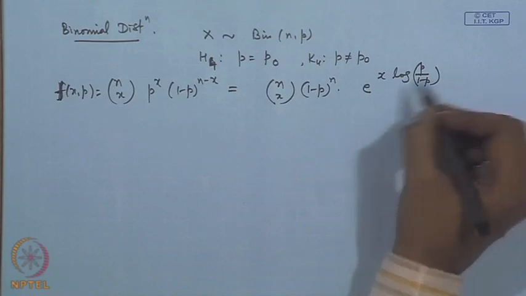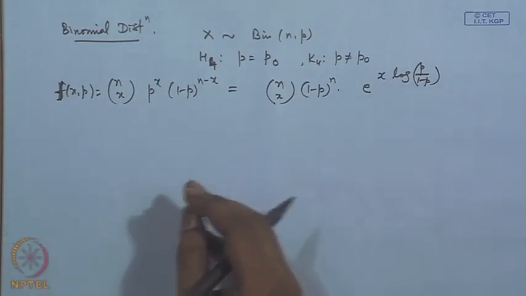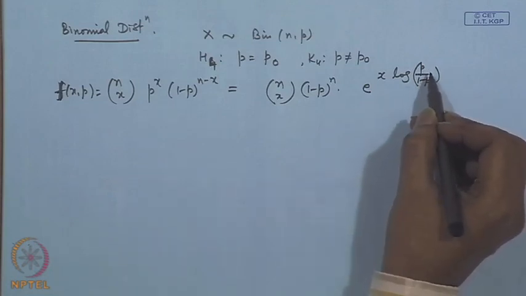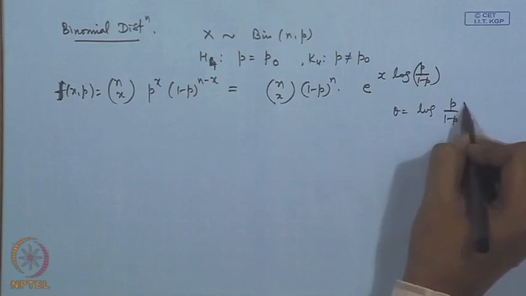So, here T(x) is equal to x and theta is equal to log (p by 1 minus p).